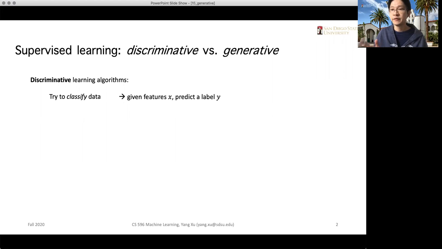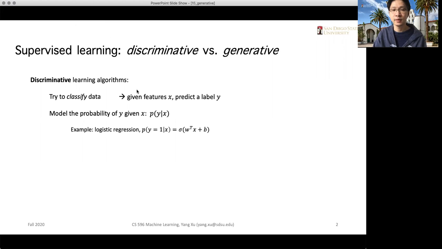That is, given a feature from the data points, we would like to predict a label that is associated to that feature. And so we are actually modeling the probability of the label given the feature. It's actually a conditional probability of y given x.